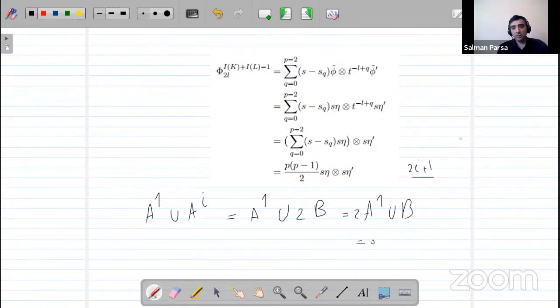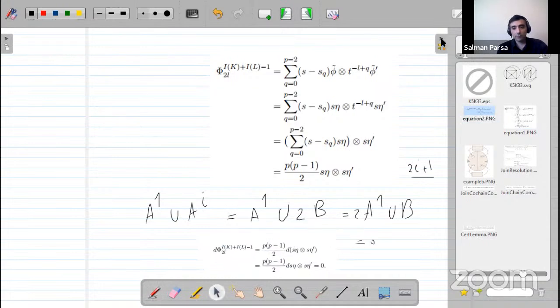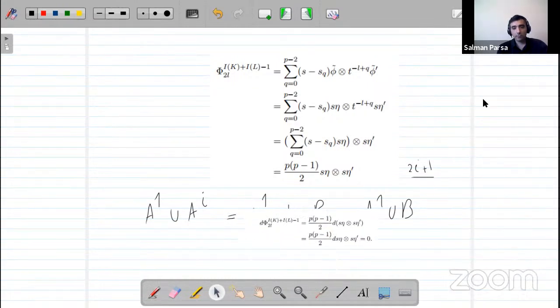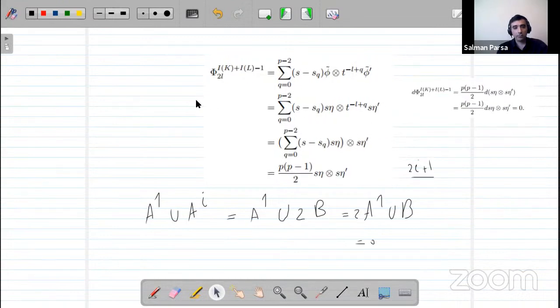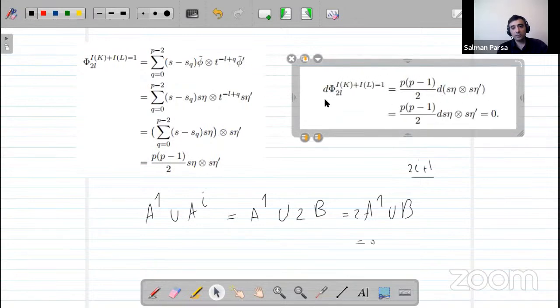And now you want to compute the cohomology class of D times this. Because it's odd dimensional, you want to compute the cohomology of D times this, but when this S appears in both factors, D times that will be actually 0.